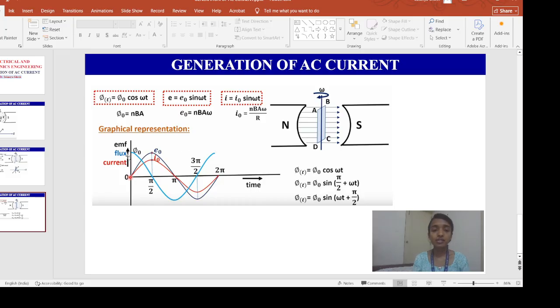If you notice here, when the flux is maximum, at that time my EMF and current are minimum. When the flux is 0, at that time we get peak EMF and peak current.